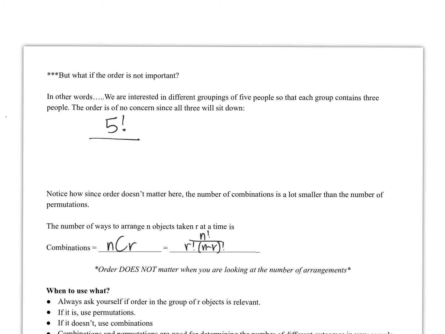So there are repeated events. So that's where we get 3 factorial times 2 factorial, which only gives us 10 combinations. Okay. So since order doesn't matter here, the number of combinations is a lot smaller.